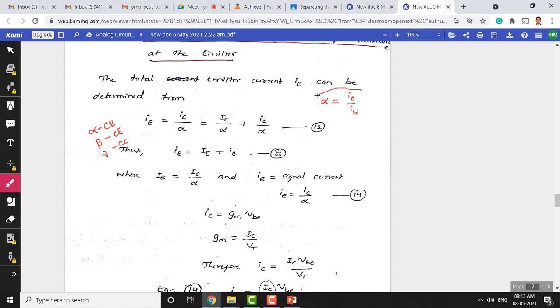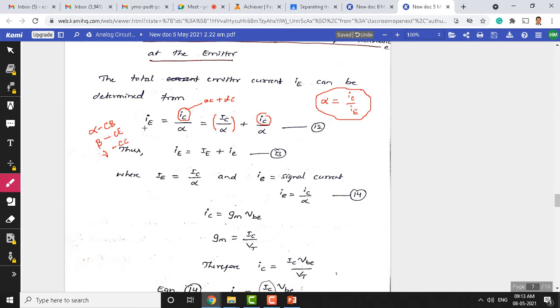So from this definition we can write IE as IC by alpha, and the expression for IC is made up of two components, the DC component and the AC component. So the DC collector current divided by alpha, since alpha is common for both AC and DC, plus the AC collector current divided by alpha. Let us call this equation 12.